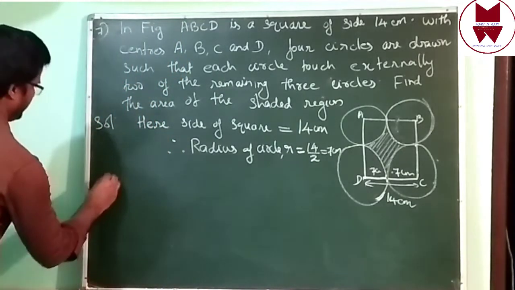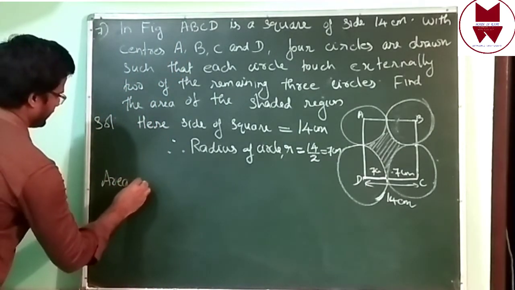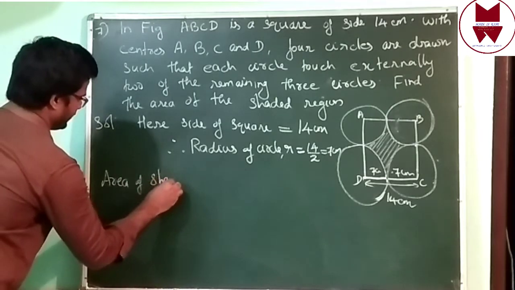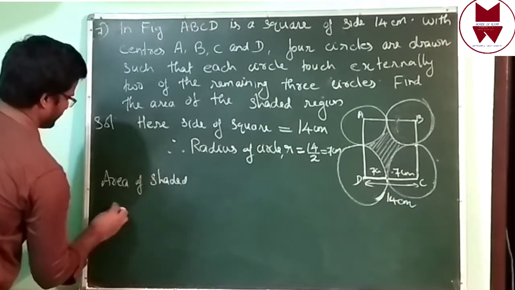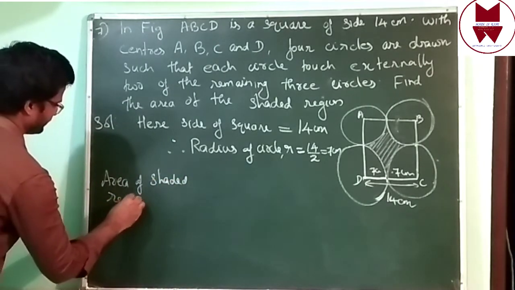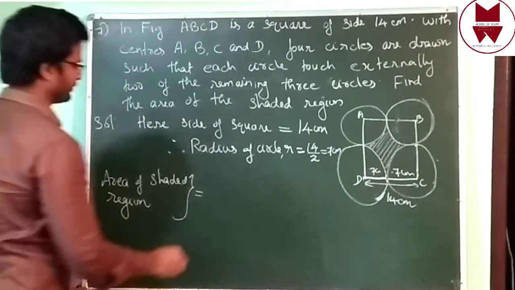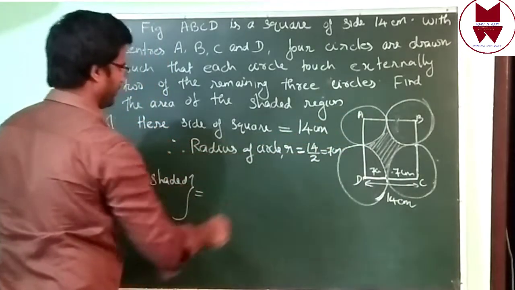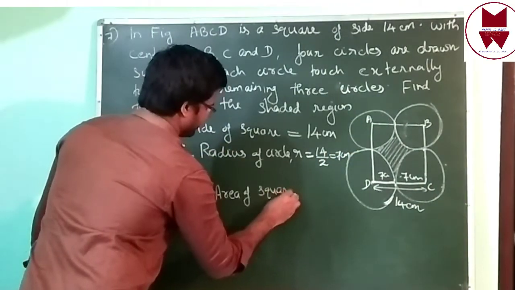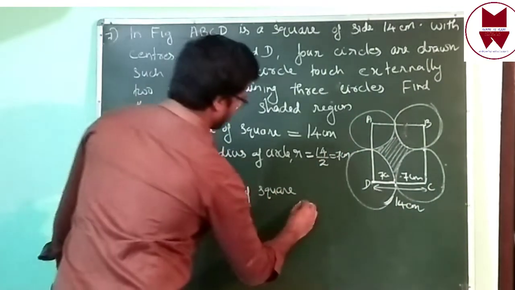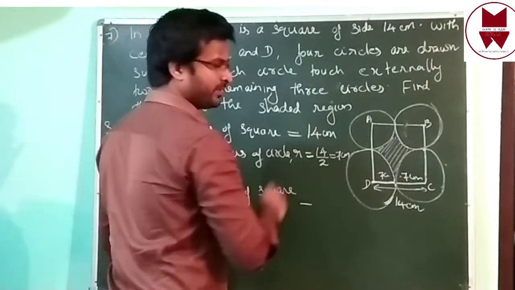Then area of shaded region equal to, first find out area of square, minus how many sectors are there.